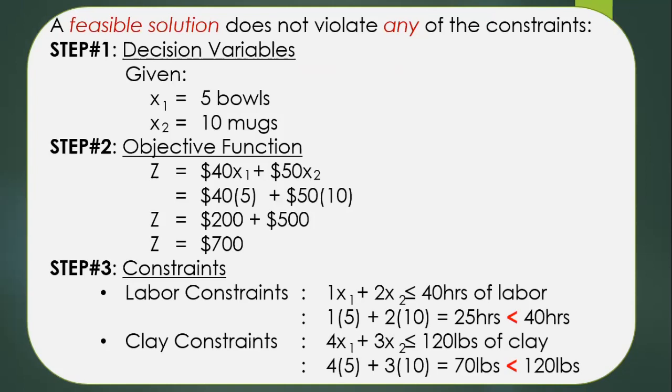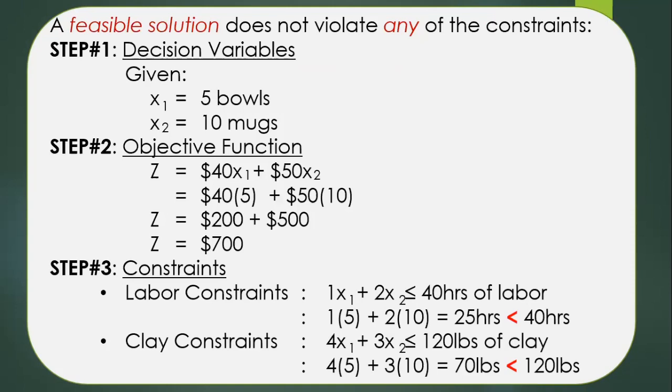Let's see if this is feasible. All we need to do is plug in the values of our decision variables x sub 1 and x sub 2. So that would be 1 times 5 plus 2 times 10. 1 times 5 is 5, and 2 times 10 is 20, so a total of 25 hours.